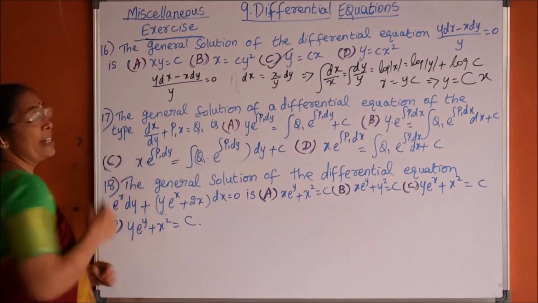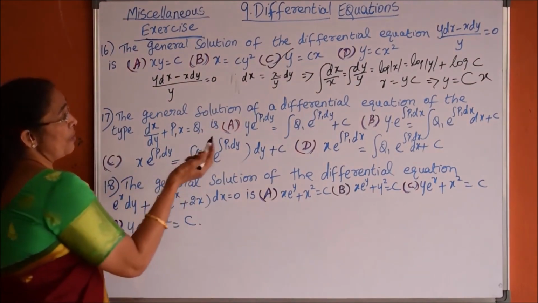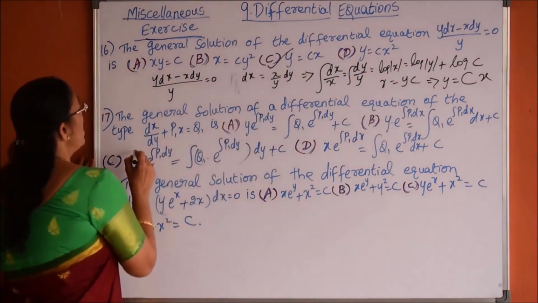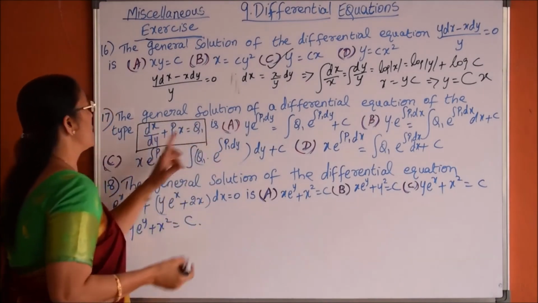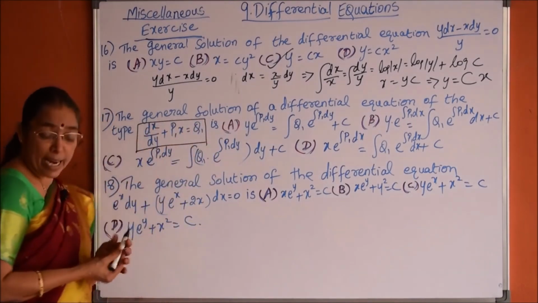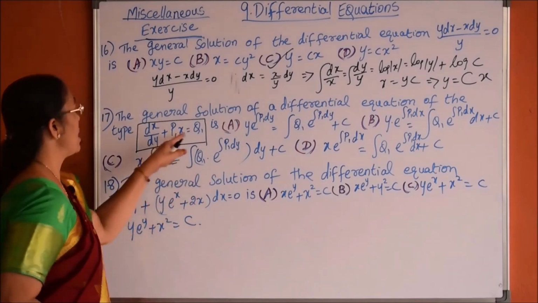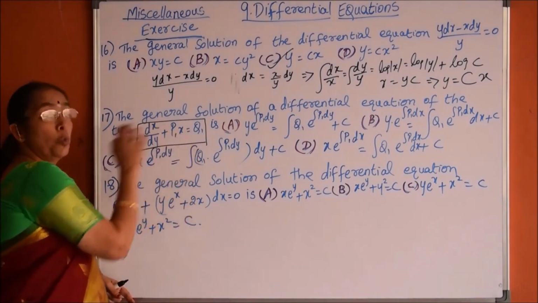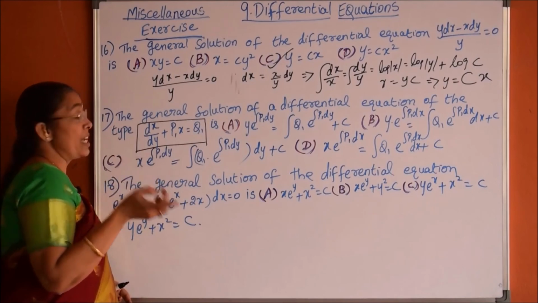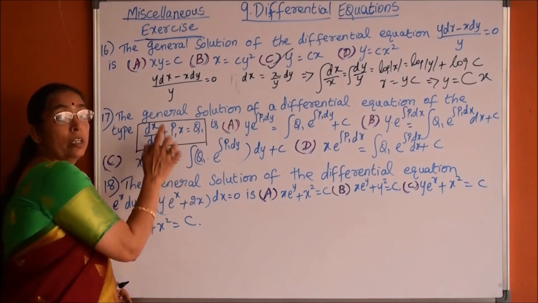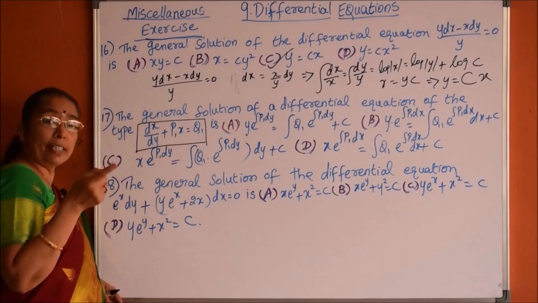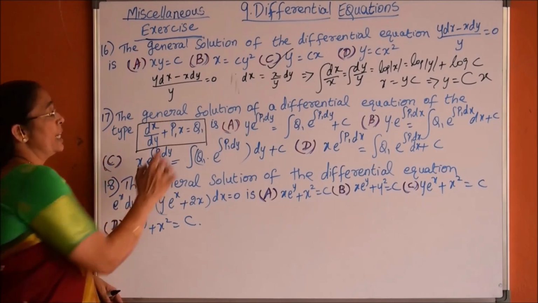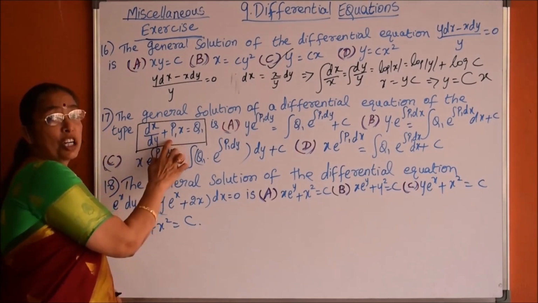Now 17th one, the general solution of a differential equation of the type dx by dy plus p1 x is equal to q1. Now, linear differential equation second form, this one. For this second form, our integrating factor is equal to e power integration of p dy, as this will be a function of y.